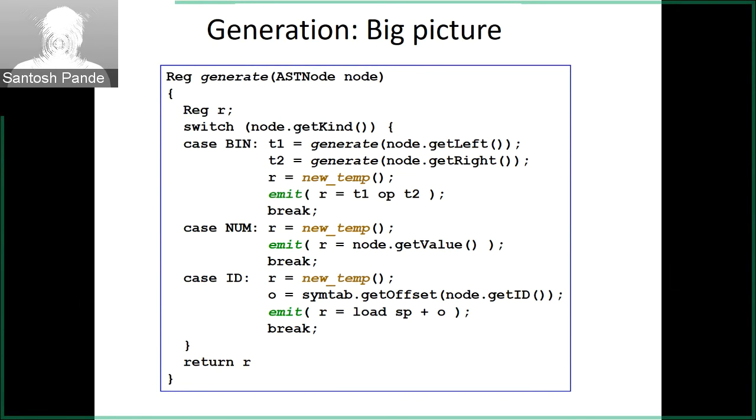The only two things being shown here are the case of leaf nodes, wherein you have either a constant, where we get that value and send it back, or a name, which is treated as an R value and sent back.